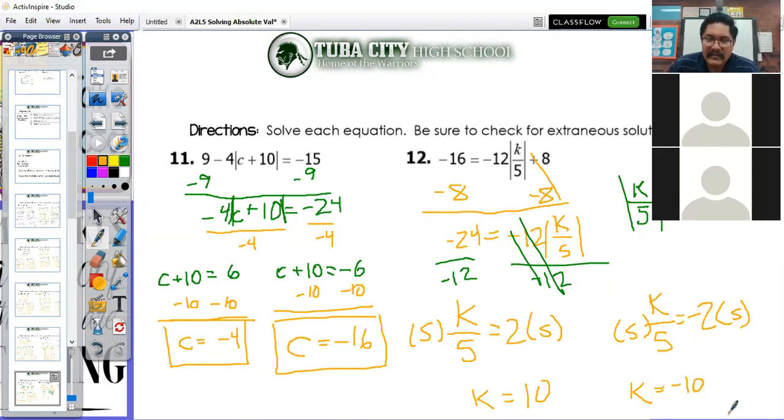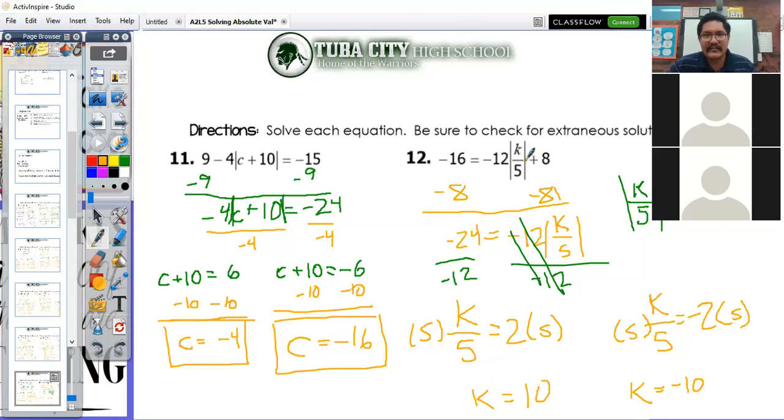Now this one is a bit of an interesting one because I have two of the same numbers, but they are opposites, positive 10 and negative 10. Since I'm checking an absolute value equation, check it out. If I put negative 10 in here, divide it by 5, I would still get positive 2. Same thing here, 10, plug it in, divide by 5, I get positive 2.